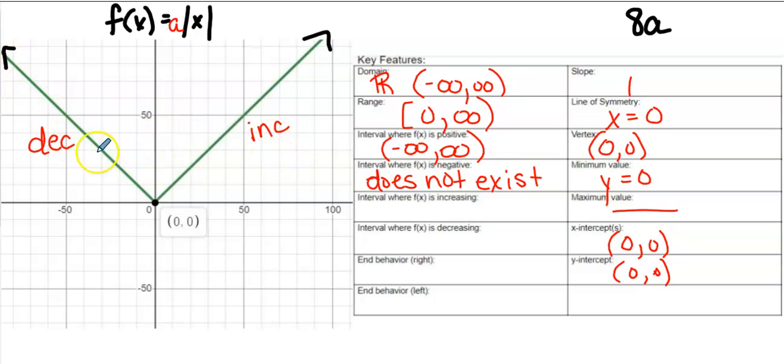The decreasing side is coming from negative infinity, and we're always going to use x values here, not that it matters on this one because they're the same. It's going to 0. So decreasing is negative infinity to 0, and over here is increasing, going from 0 to positive infinity.